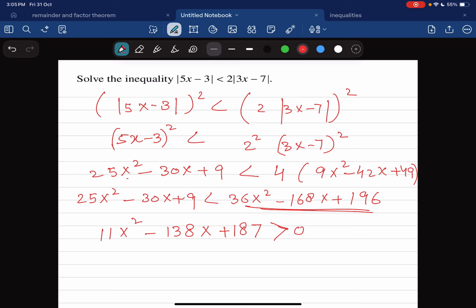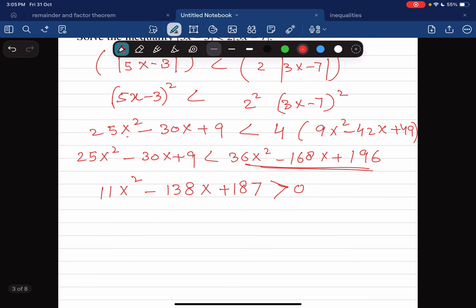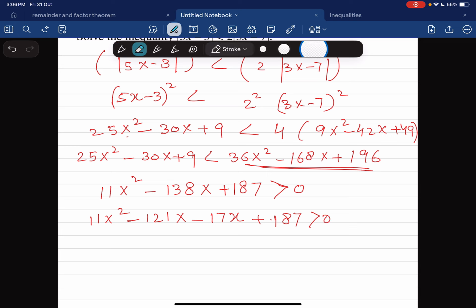Next, we have two options. We can solve it by using the quadratic formula. If we know factorization, that is the best. I will use factorization.